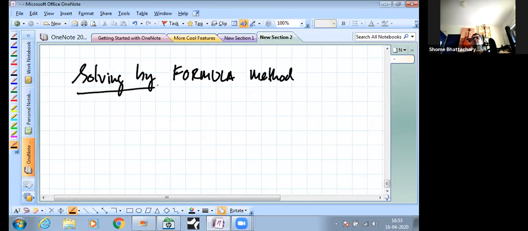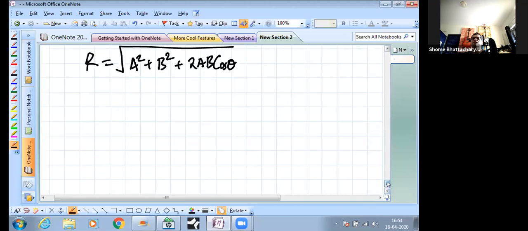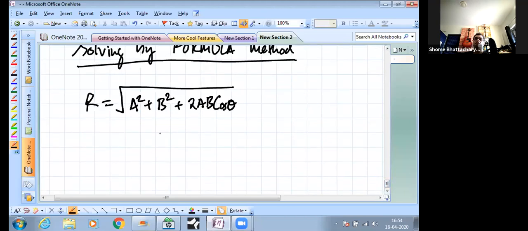We have the formula that the resultant's magnitude is the root of a square plus b square plus 2ab cos theta. This is the statement of the triangle law that we just saw earlier today. How can we make use of this to find theta when r, a and b are given?